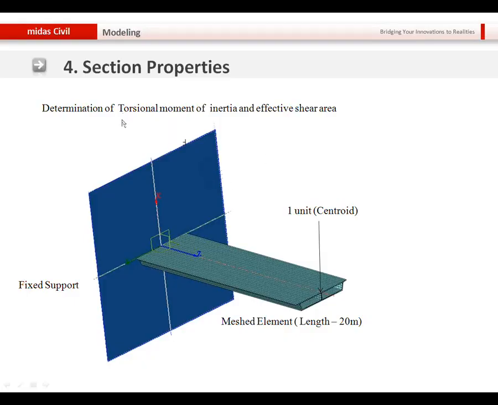In MIDAS Civil, the torsional moment of inertia and the effective shear area are calculated by considering the section defined by the user as a cantilever beam, and then MIDAS Civil applies a unit load at the centroid, and by obtaining the deflection for this meshed beam, the torsional moment of inertia and the effective shear area are calculated.